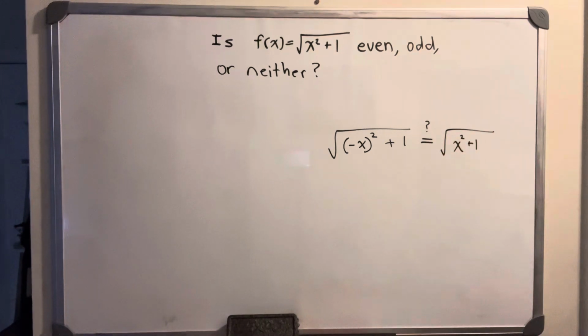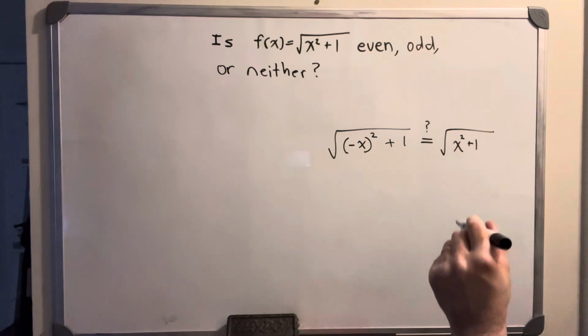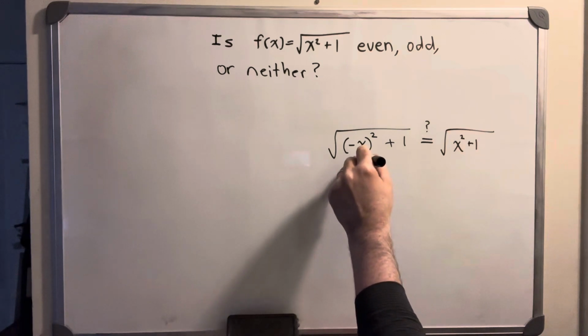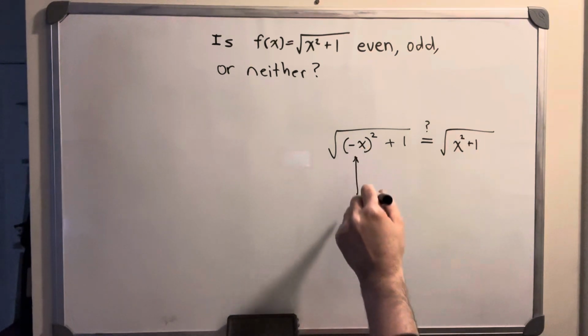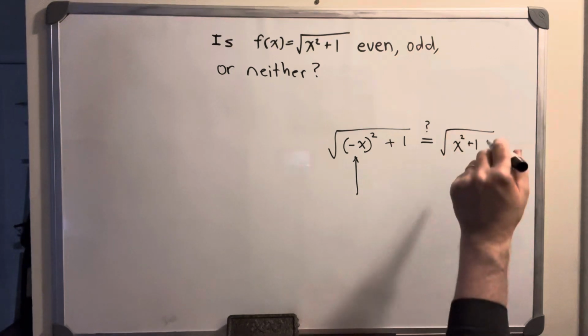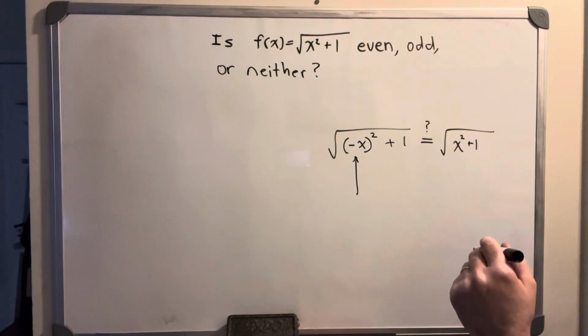Think about that for a minute. If I take the square of a negative number, am I always going to get a positive number?